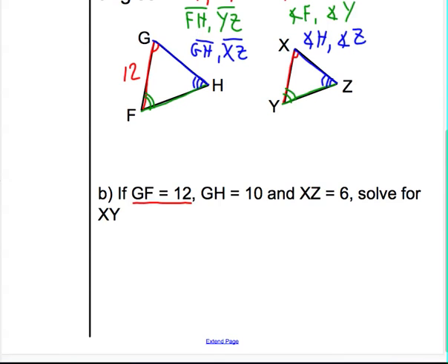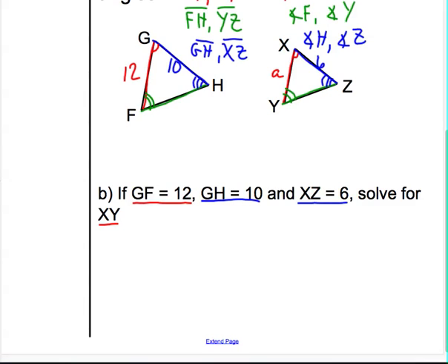The corresponding side to GF is XY, and that's the question that we're looking for, so I'm going to call that A. The next piece of information we have is GH, so I'm going to label that side in my triangle as 10. And the corresponding side to GH is XZ, so I'm going to label that side 6.